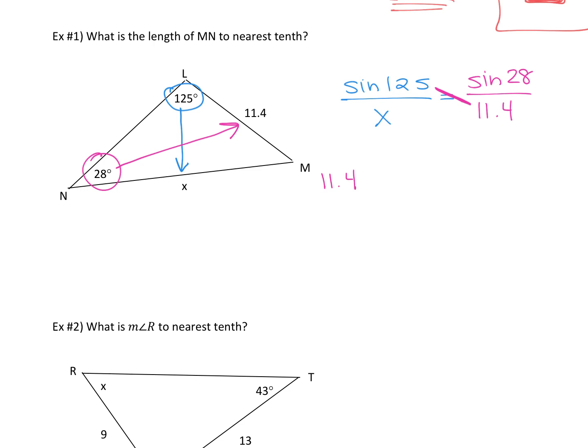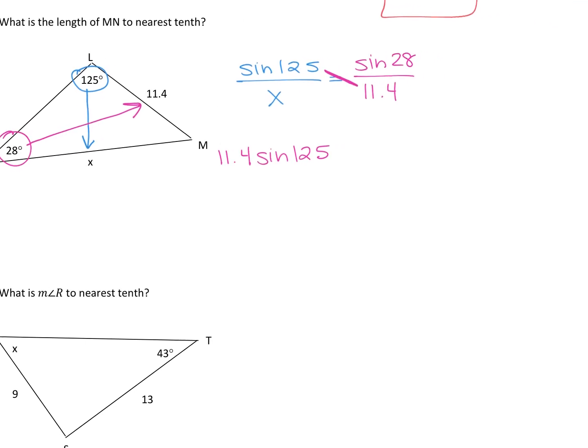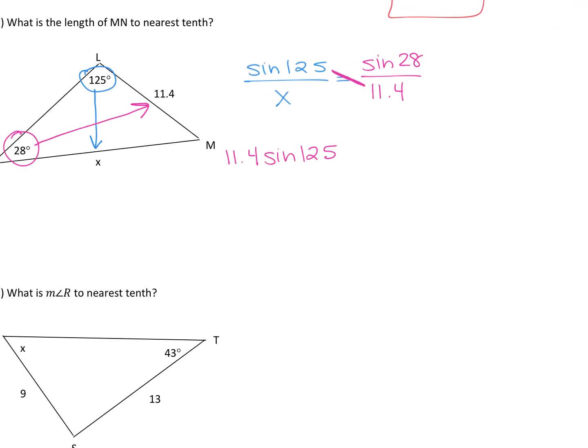Yes. But if you don't put the parenthesis in, you will get the wrong answer. So just put it at the front so that it doesn't matter, okay? So we're gonna say 11.4 times the sine of 125 equals, okay, and now go this way, x times sine 28.